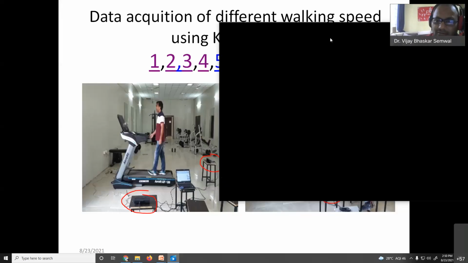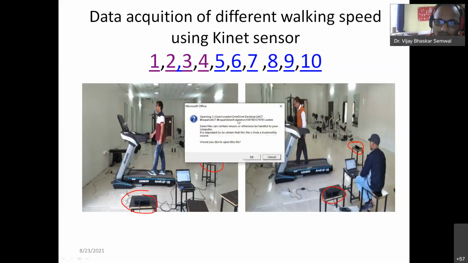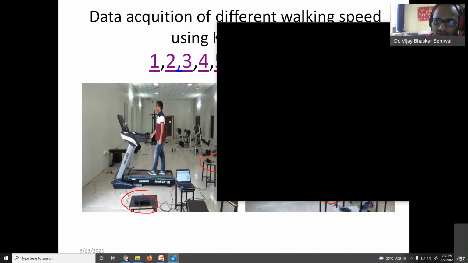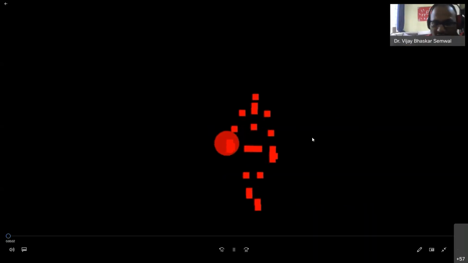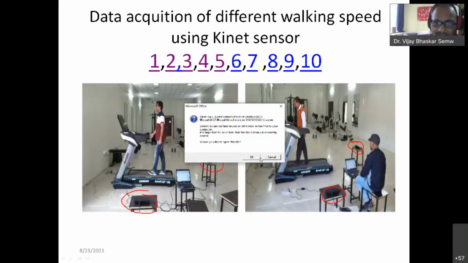In this case, you can have different values. Then I asked the person to walk a little bit faster through this sensor. The person is walking fast, and again I am able to track these joints. These joint values, I will explain how we captured and where we are recording. This also I have kept.